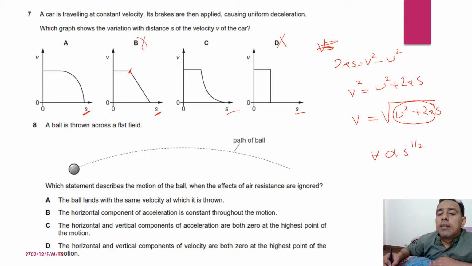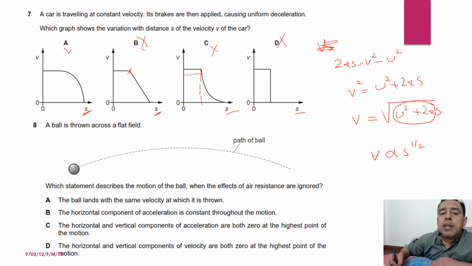But look at C. This graph is initially okay. We may solve it like this one. Look at here, we have a vertical straight line. This vertical straight line means there is a change in the velocity, but there is no change in the distance. Not possible.